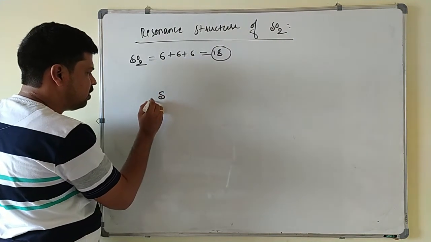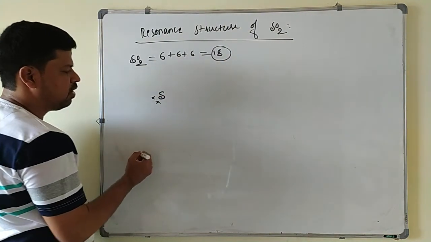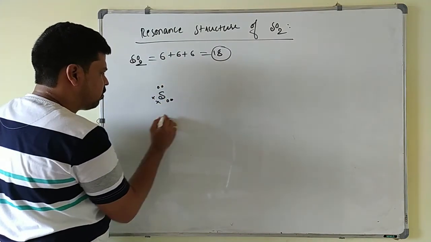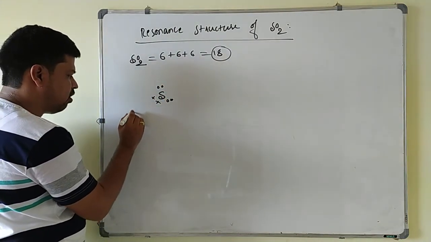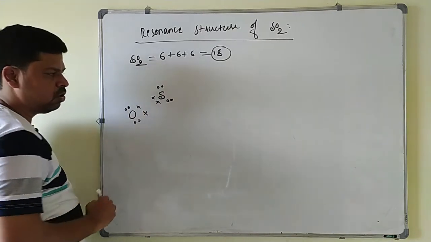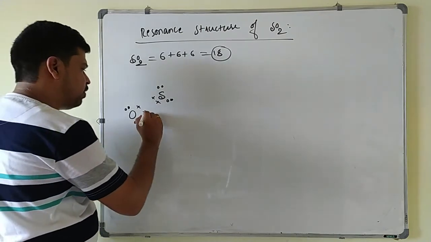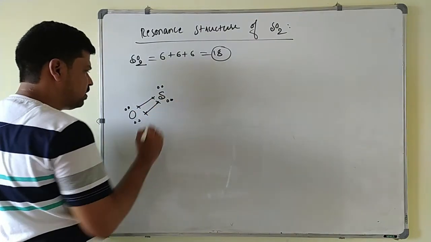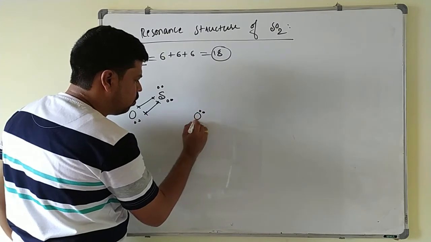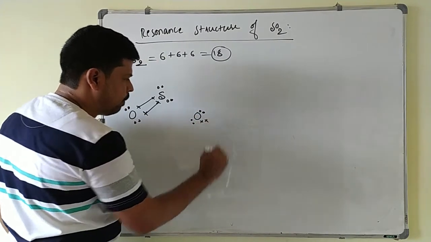I will write this sulfur. For sulfur, 2 unpaired electrons are there, and 2 lone pairs of electrons, and I will write another oxygen here, with 2 lone pairs of electrons and 2 unpaired electrons. By using the unpaired electrons, we will form a double bond between sulfur and oxygen. Now we will add another oxygen, with 2 lone pairs and 2 unpaired electrons.